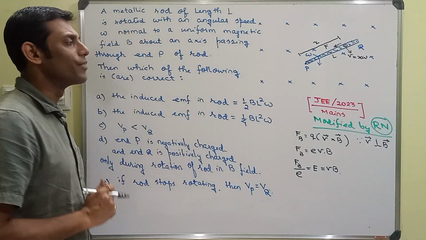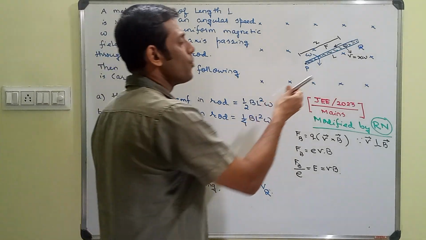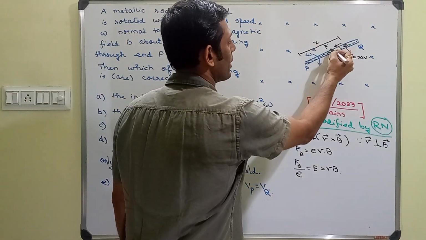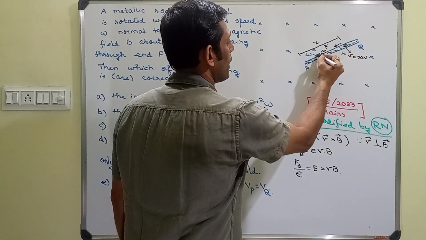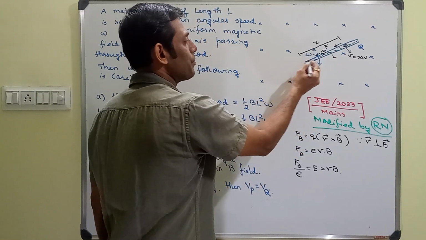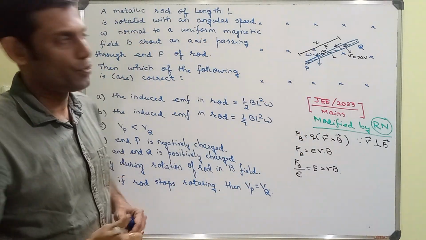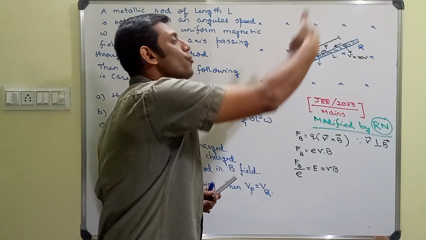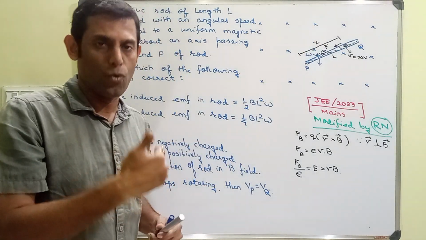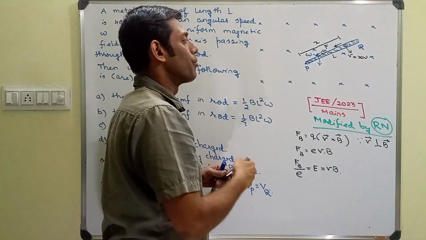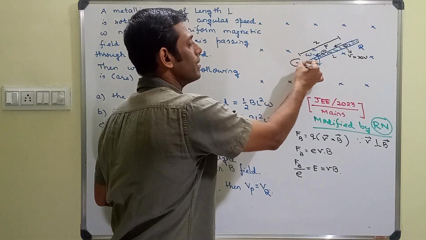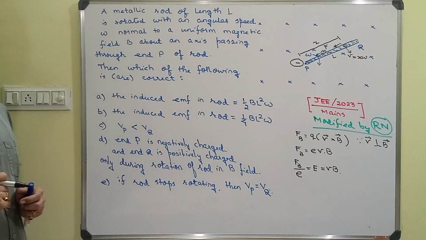Now this electric field, or the force on the electron, will direct the electron to the end of P. The electrons will always start moving, due to the magnetic force on them, towards the end of P, and this end P will get negatively charged.